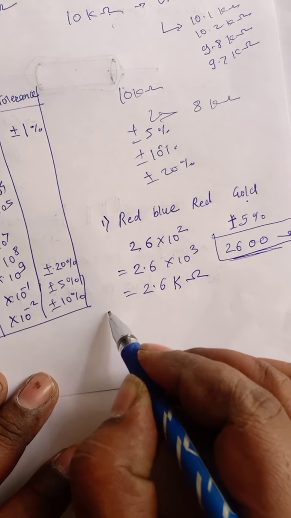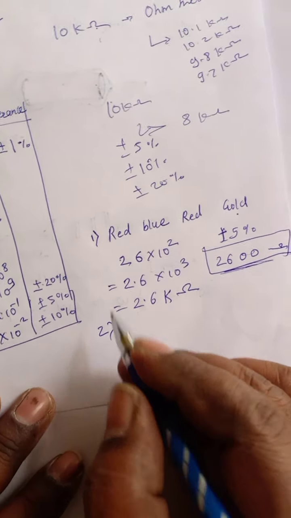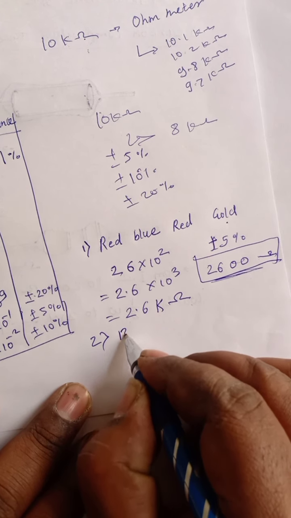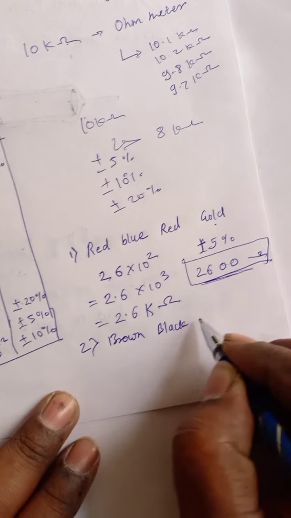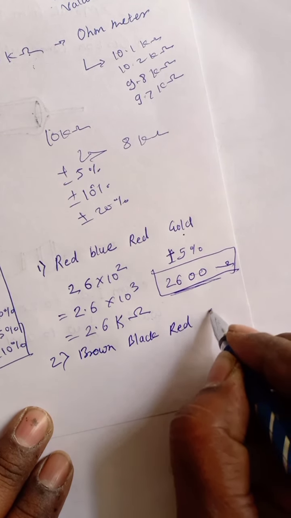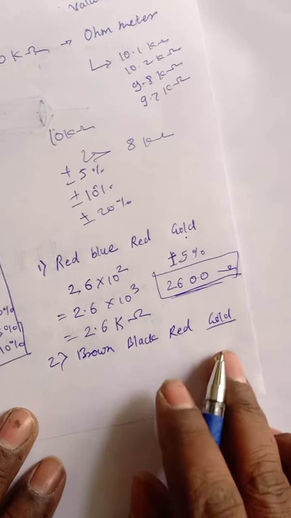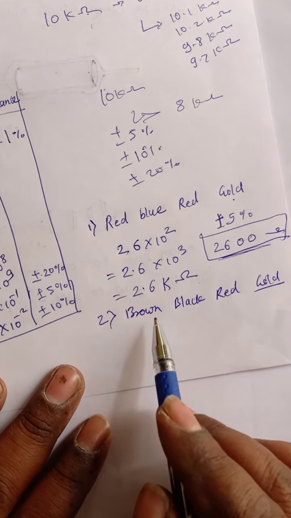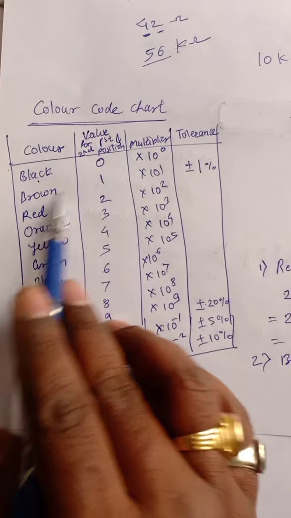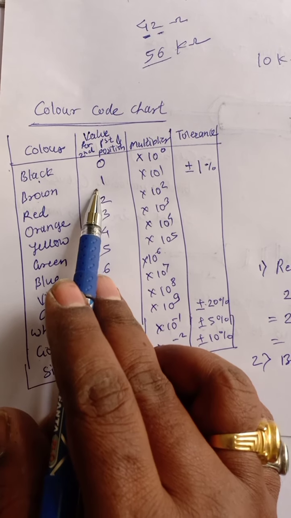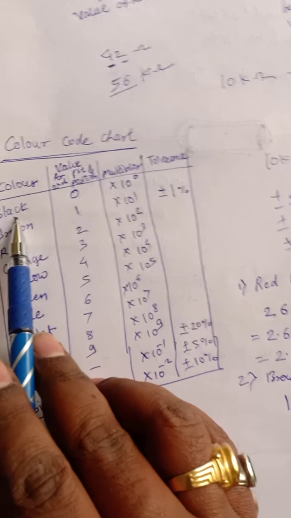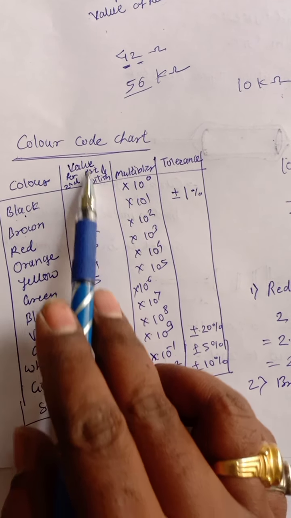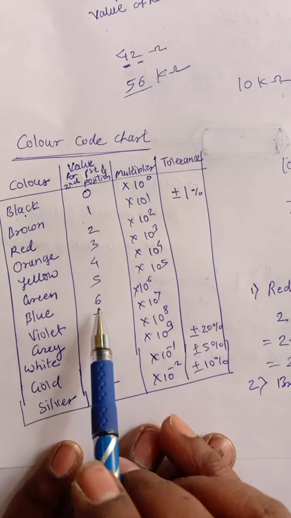Let us take another example quickly. Say brown, black, red, and gold, or it may be silver, but gold is the most common. Brown at the first position, you write 1. Then black is at the second position, so it is 0.